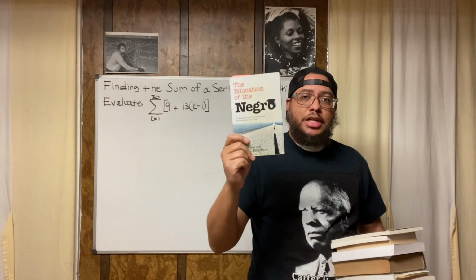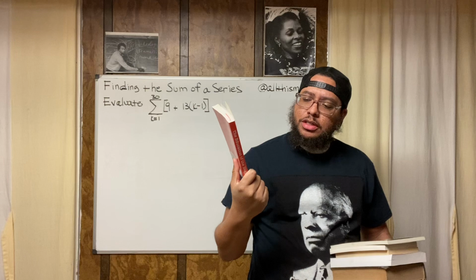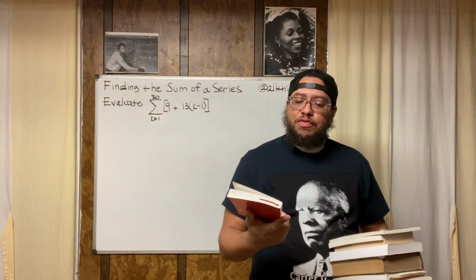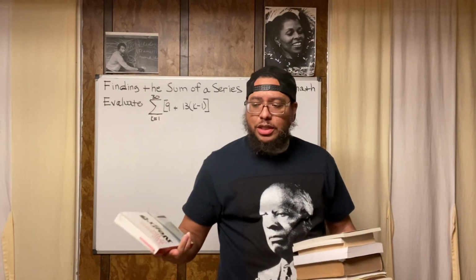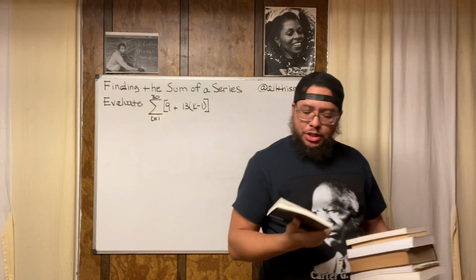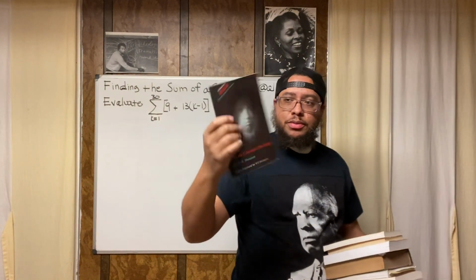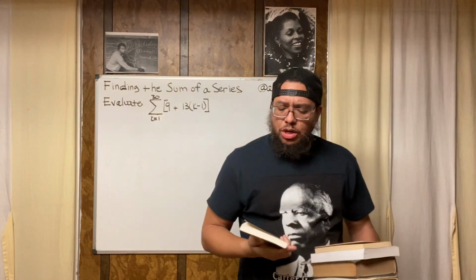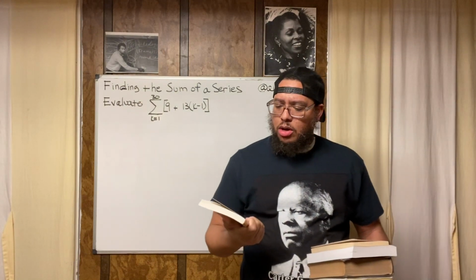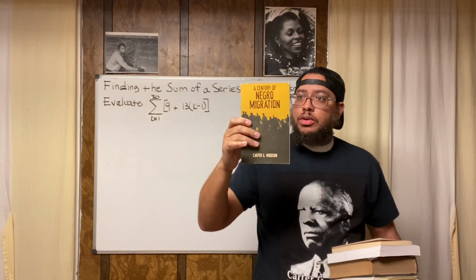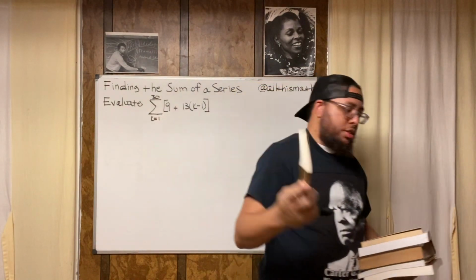This is The Education of the Negro. I still need to finish this. This is The Education of the Negro, right? An essential preface to understanding The Miseducation of the Negro, which is his most popular book, probably. And speaking of which, The Miseducation of the Negro. All right? So we got that. And then some other less known, more obscure titles that he authored. A Century of Negro Migration. Don't forget, Woodson was a historian for real.